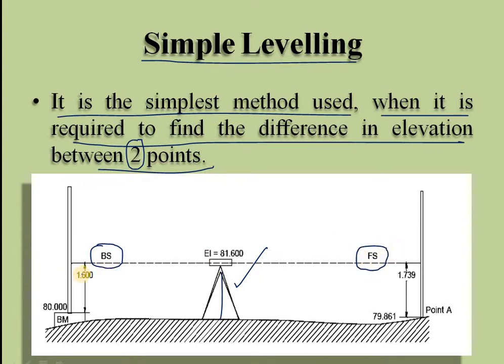You can see the readings here, one is 1.600 and the other is 1.739. Which is the highest reading? 1.739 is the highest reading. Here you can see the differences between point A and point B. The black line is our ground, and the instrument is fixed on the ground.